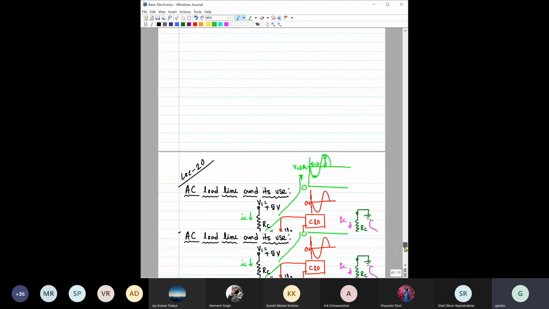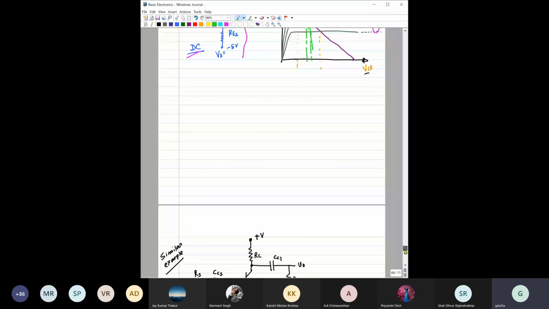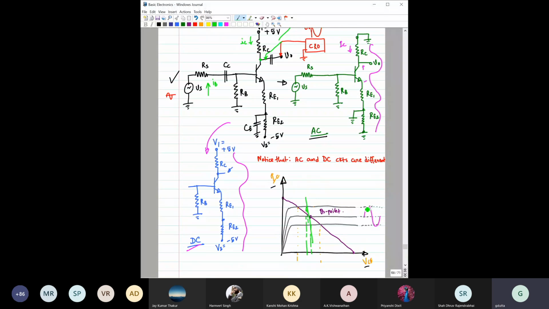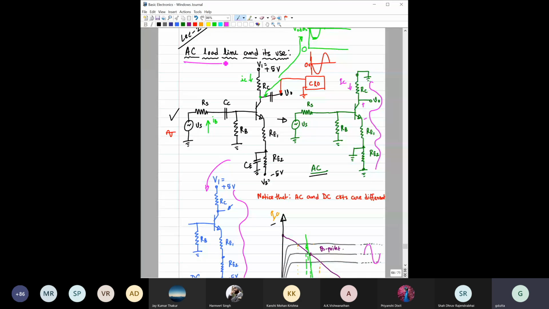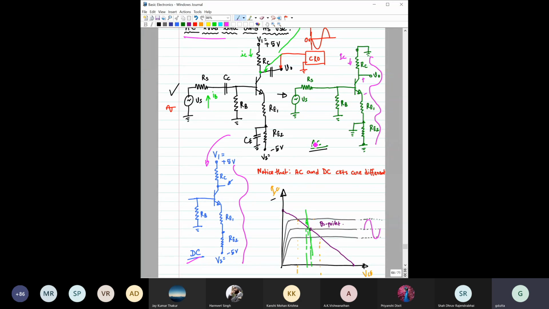Okay, so let us now come back quickly to this. Now we have started our discussion on the AC load line. We have plotted the AC equivalent circuit, which is not the small signal circuit, and we have also plotted the DC equivalent circuit.